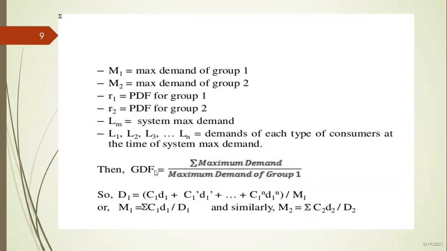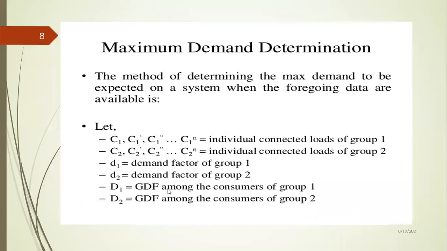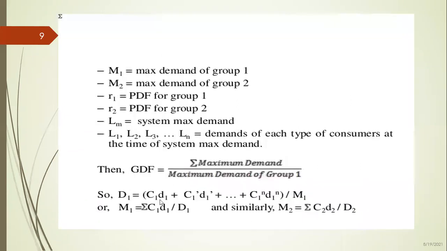Okay. Now starting with this formula. We know that the group diversity factor, GDF, is equal to the sum of individual maximum demands divided by the maximum demand of the group, if we have to calculate the GDF for group 1. And for group 1, it is symbolized as D1. So D1 is equal to, so what is the maximum demand?